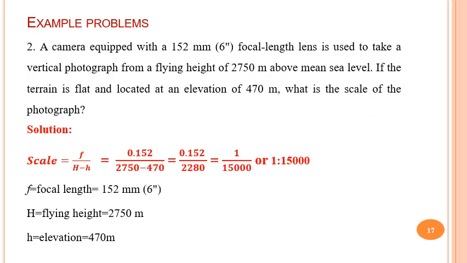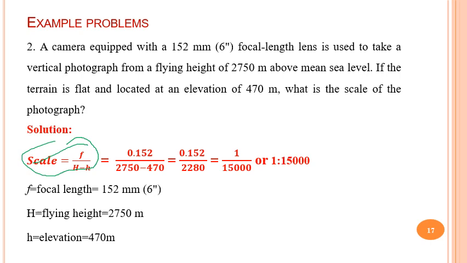Then another example. A camera equipped with a 152 mm, that is 6-inch, focal length is used to take a vertical photograph from a flying height of 2750 meter above mean sea level (MSL). The terrain is flat and located at an elevation of 470 meter. What is the scale of the photograph? We use another formula. Scale is equal to small f divided by capital H minus small h. Small f stands for the focal length, given in the problem as 152 mm.